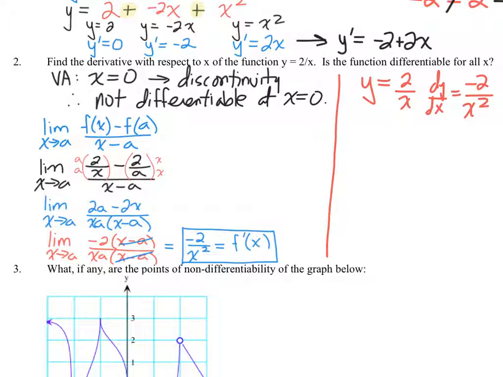If we used a similar approach and just focused on the parent function, y equals 1 over x, we would get that derivative as negative 1 over x squared. The only difference being, and it's not really a difference mathematically, but the only dissimilarity is that this one had a constant multiple of 2, this one didn't, right?